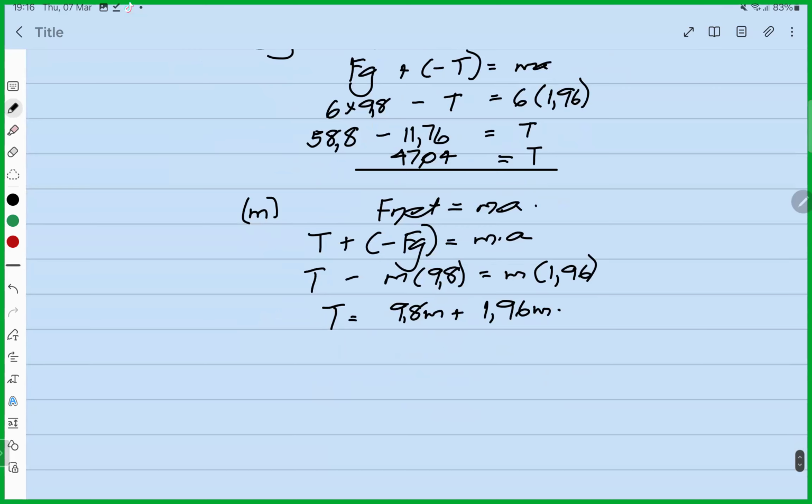So we'll now put 47.04 in place of T here. (9.8 plus 1.96), someone? 11.76. Yes, sir. 47.04 divided by 11.76, please. 4, sir. 4, exactly.